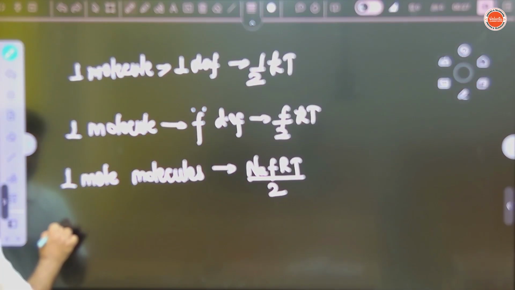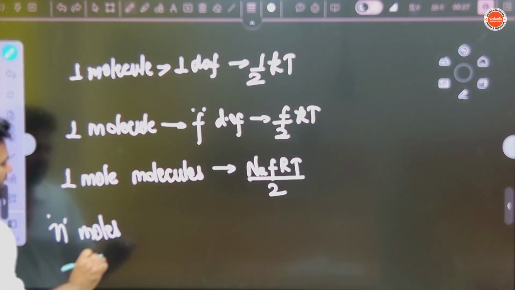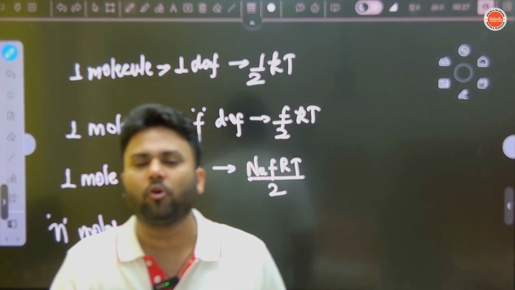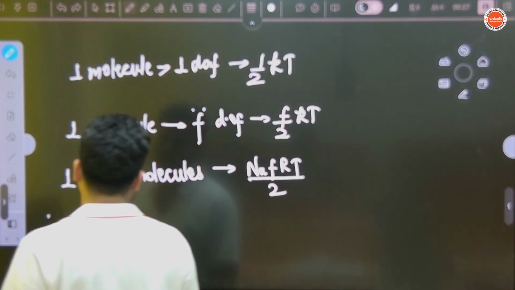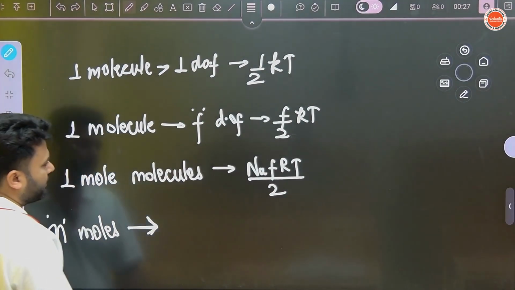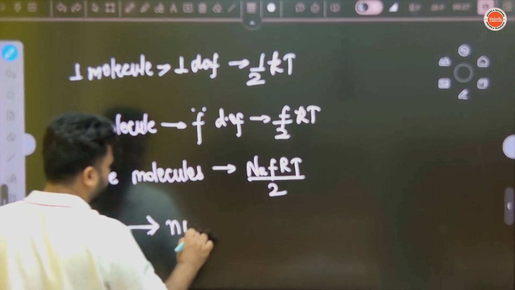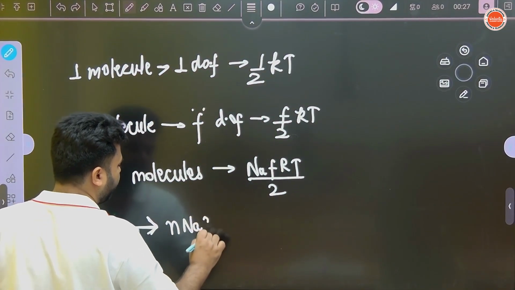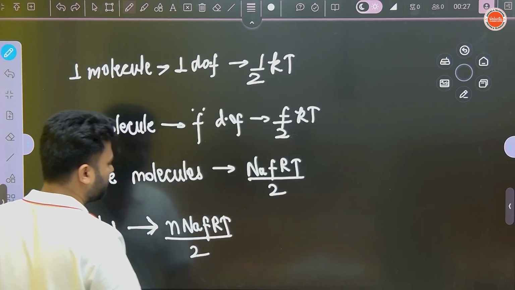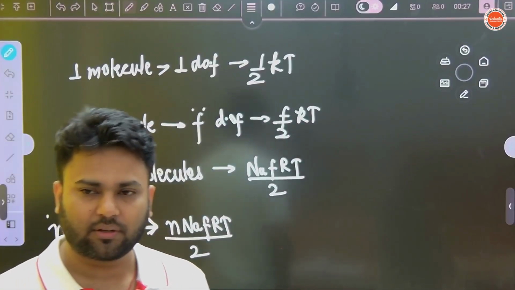Generally in a container we talk about moles, that this container is having 2 moles of gas, 4 moles of gas. If we have n moles, then what will we write? n Na f kT by 2. Correct?